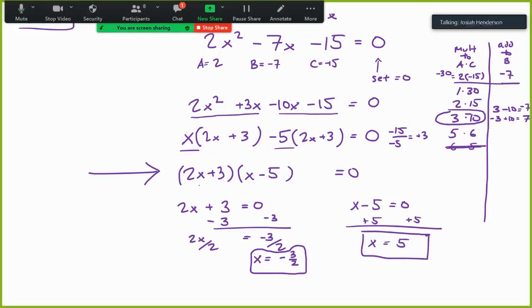So whenever we have this case, this means we're going to have a fraction solution for x. So it's kind of a clue before we get to the actual answer.